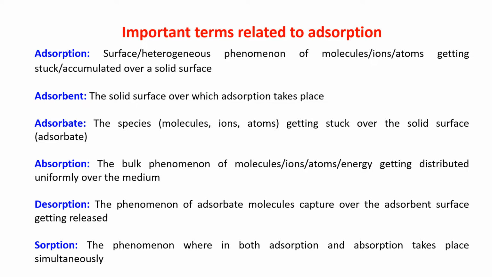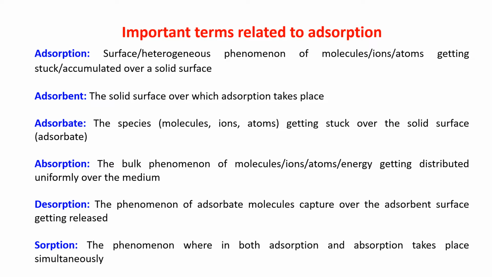Now next is absorption. Absorption is the bulk phenomenon of molecules, ions, atoms or energy getting distributed uniformly over the medium. Next is desorption. It is the phenomenon of the adsorbate molecules captured over the adsorbent surface getting released.